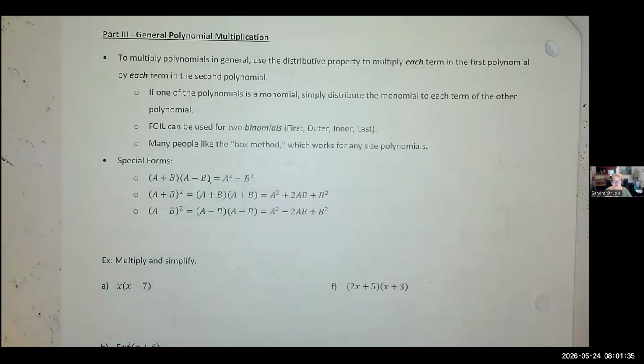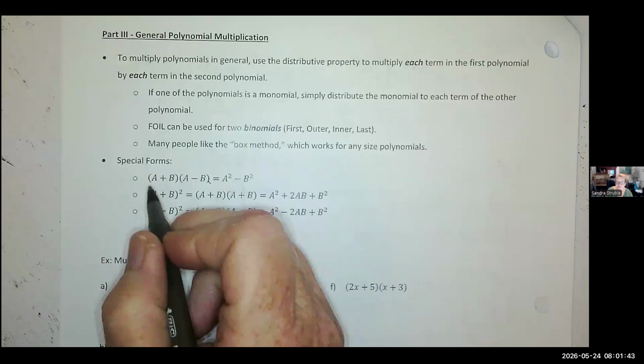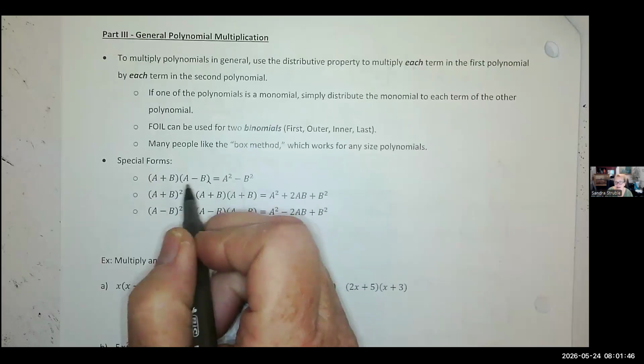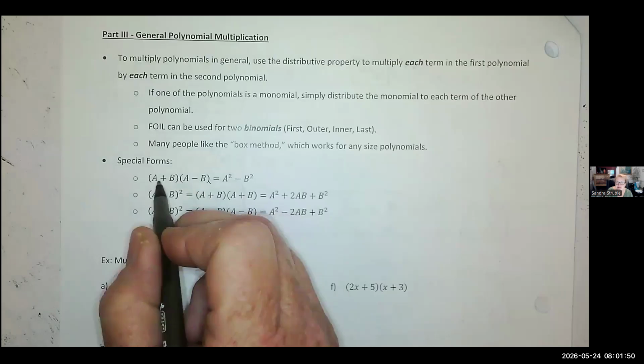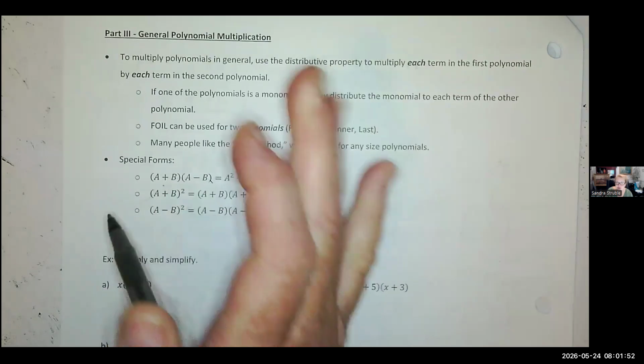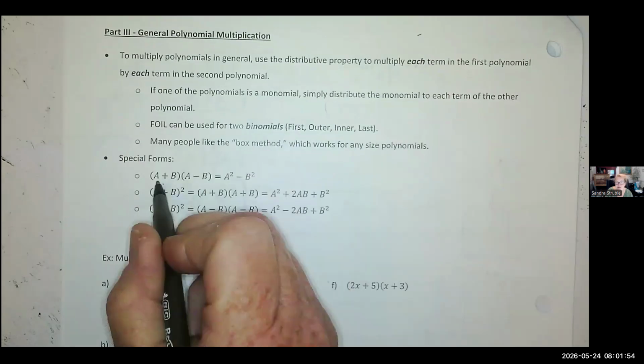There are some special forms I want you to understand. If you've got binomials that are exactly the same, except one's positive and one's negative, that means it's just the first term squared minus the second term squared.